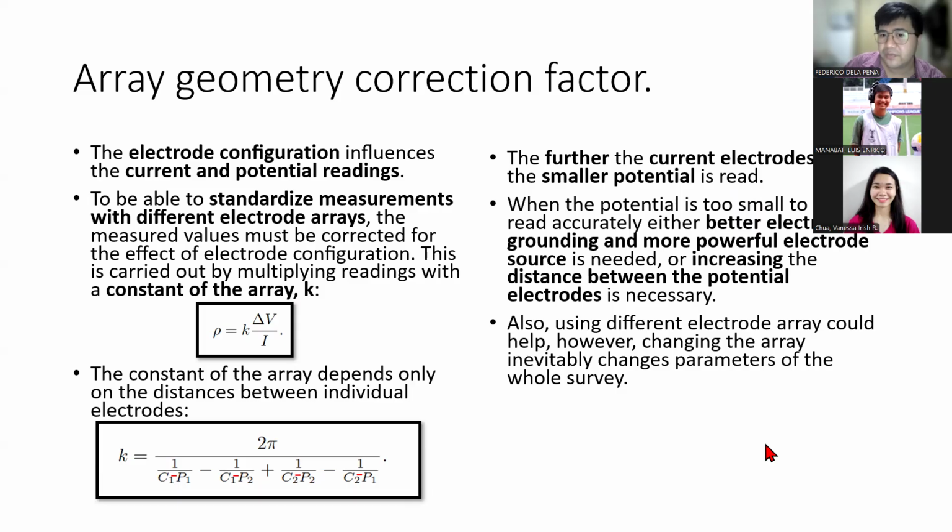Right, just a few more points. If the potential is too small to be accurately read, you might need better electrode grounding. As I mentioned earlier, you might need to have a bigger electrode contact, or add some solution, pour some water into the ground, or have a bigger battery as the source of your current.